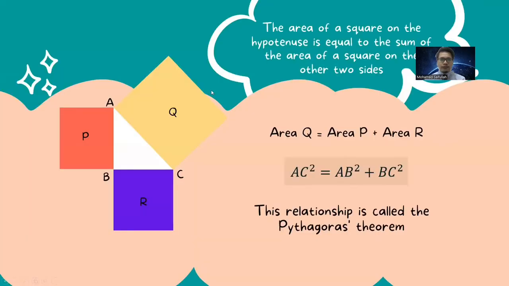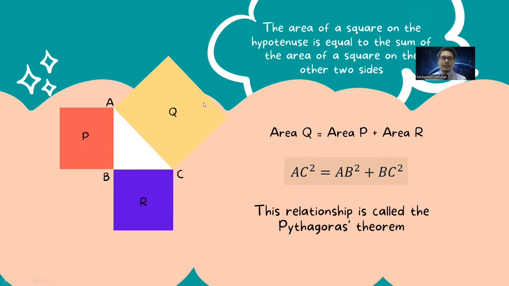All right, so based on the teaching aids that I showed you just now, we can conclude that the area of the square on the hypotenuse, Q, is the total of the areas of P and R. Again, the area of the square on the hypotenuse is equal to the sum of the areas of the squares on the other two sides.